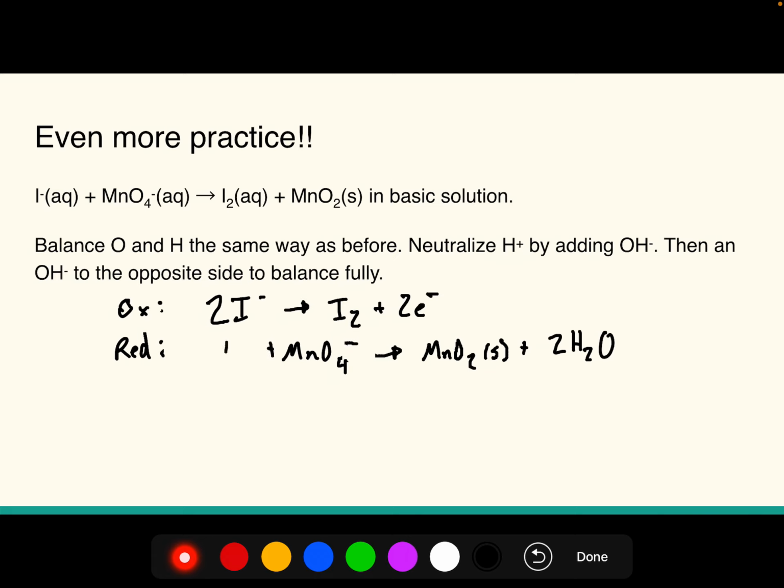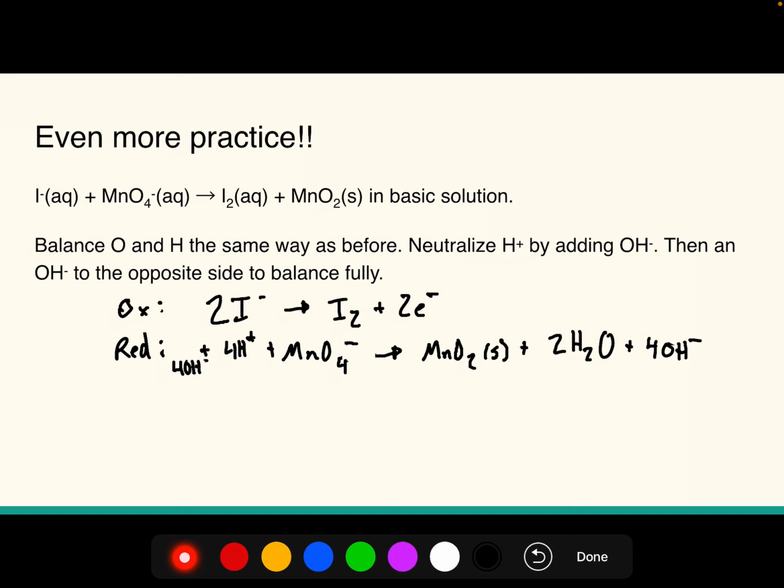I have to add 4 H+, but I can't have H+ in a basic solution. So to neutralize that H+, I'm going to add enough hydroxide to make water out of it, but you have to add the same thing to both sides to keep it balanced.